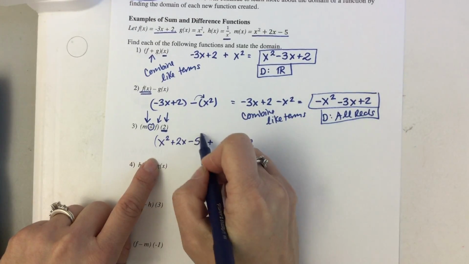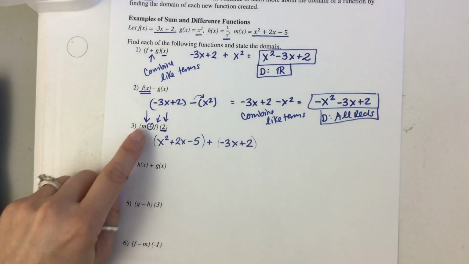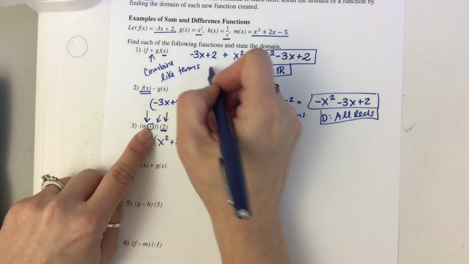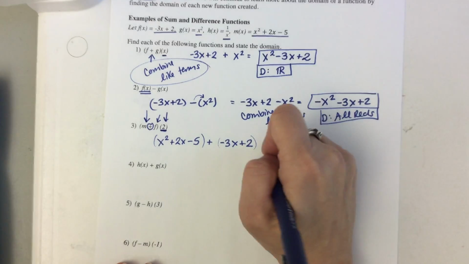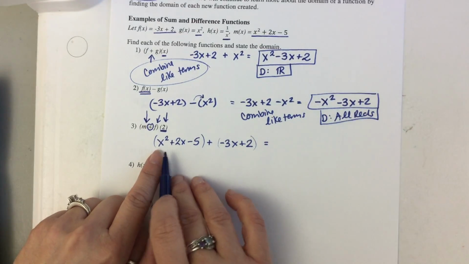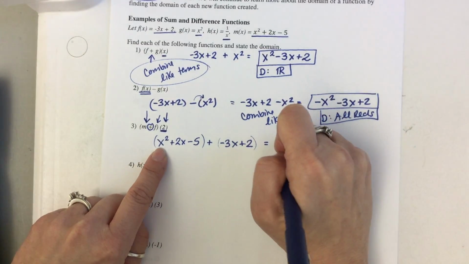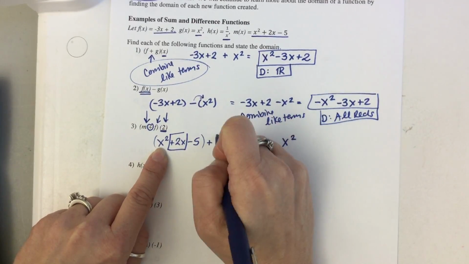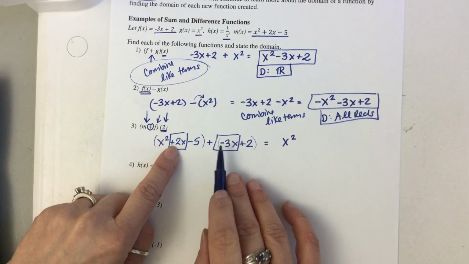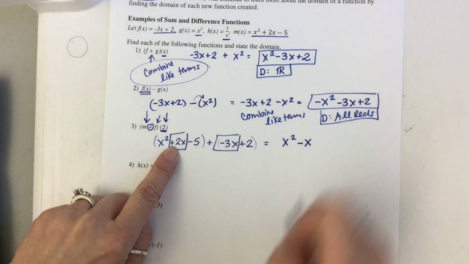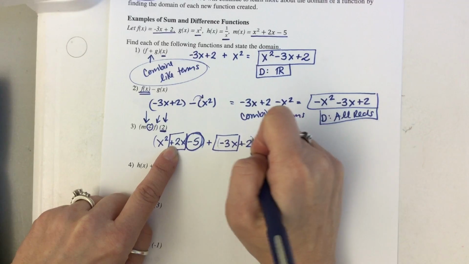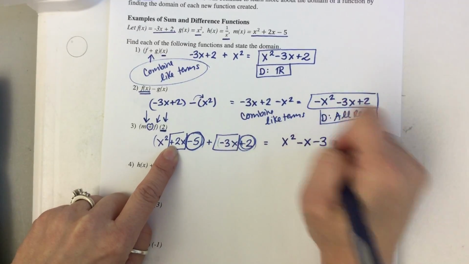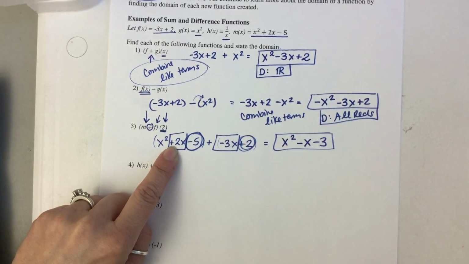So here's the m function, here's the f function. They want you to add them together. Adding is combining like terms. So I go ahead and combine like terms. I only have one term that has a power of 2, so x squared comes first. Positive 2x minus 3x. 2x minus 3x is negative x. Negative 5 plus 2 is negative 3. So here's your new function.